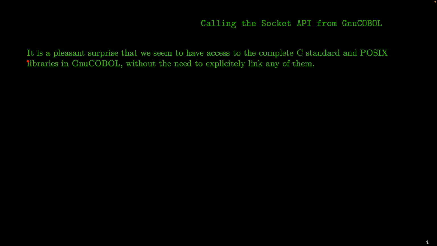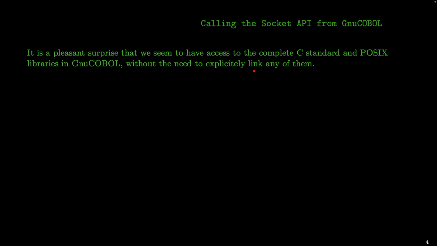Before we begin, let's just check what we have available in COBOL, more precisely in GnuCOBOL. And when we're trying this out, it comes as quite a pleasant surprise that we have access to the complete C standard library and the POSIX libraries from GnuCOBOL without the need to give any additional parameters to the compiler or explicitly link them or include any files explicitly.